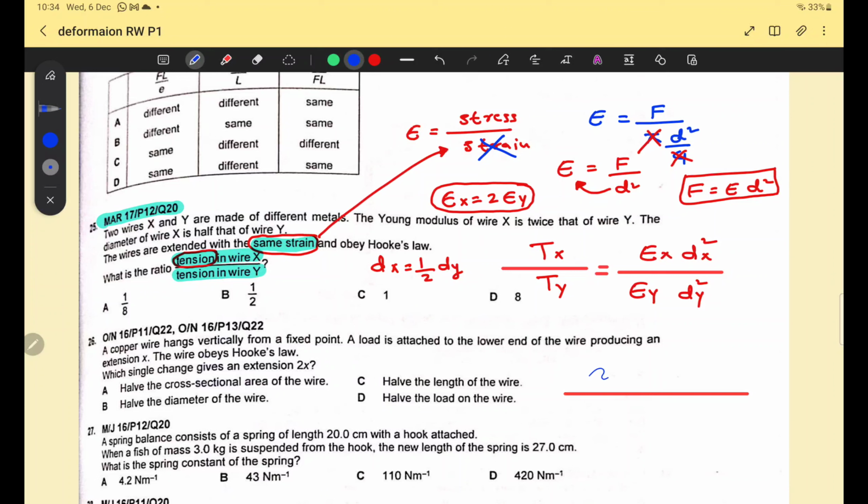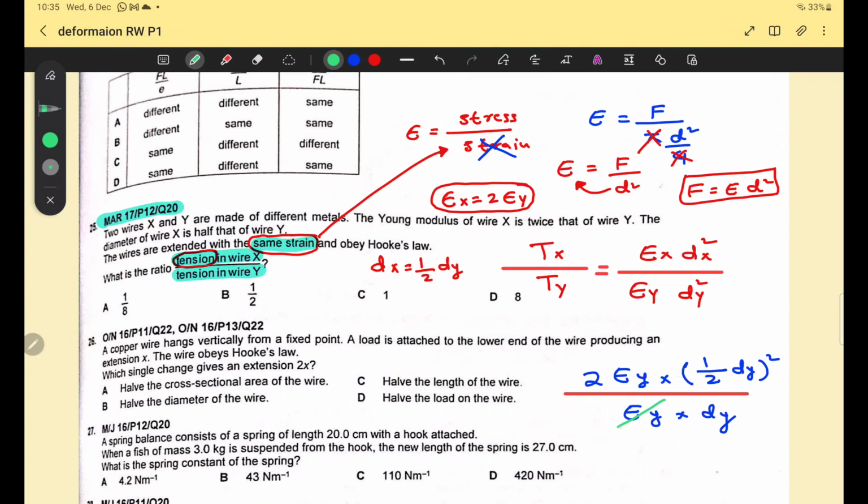Young modulus of X is twice of Young modulus of Y. Diameter of X is half of diameter of Y. Yes.